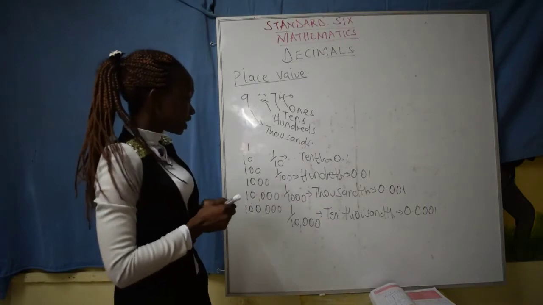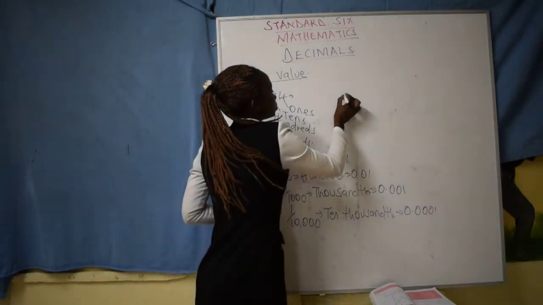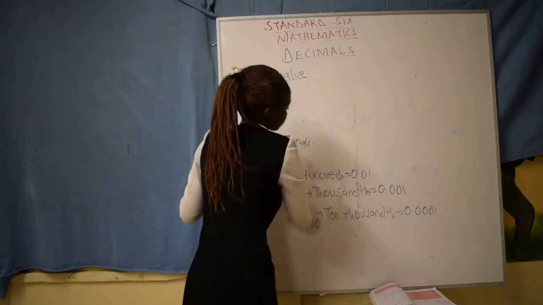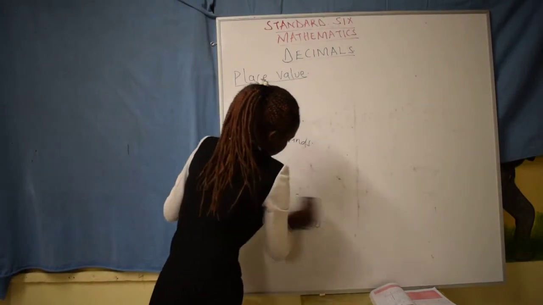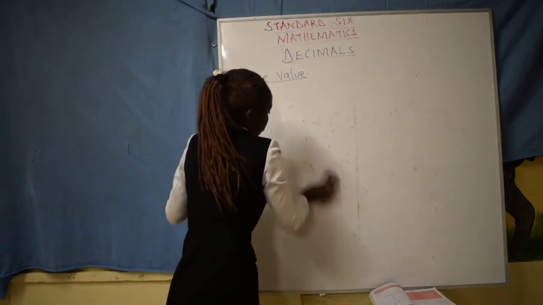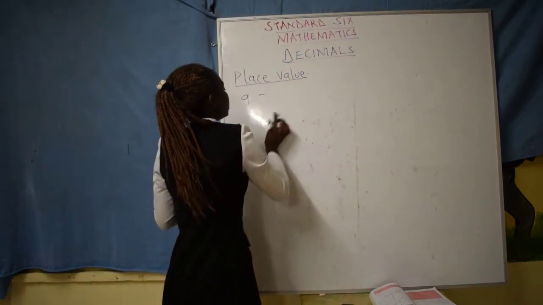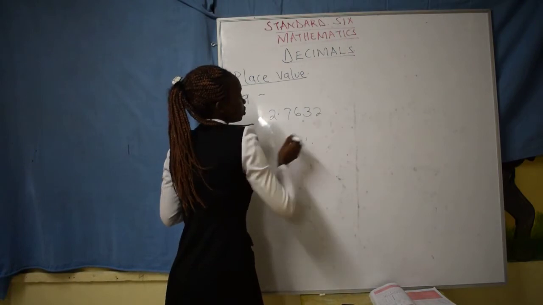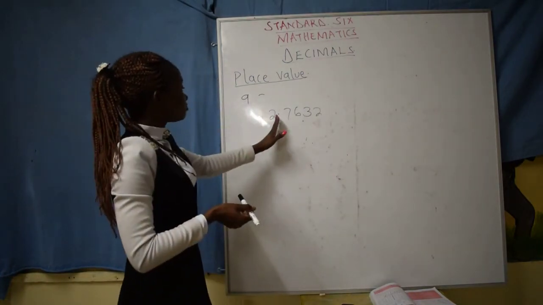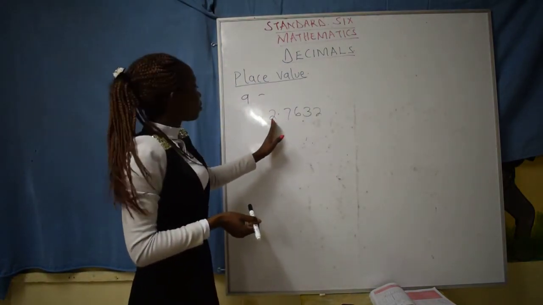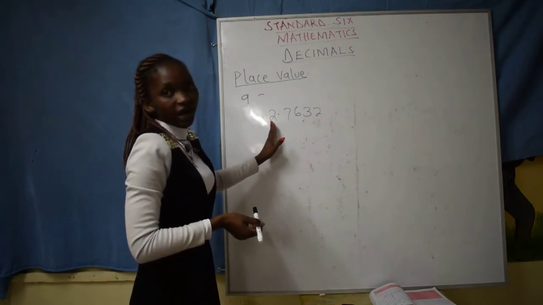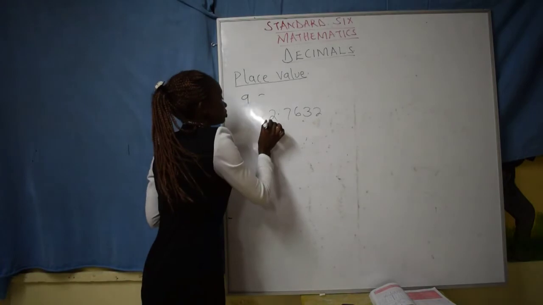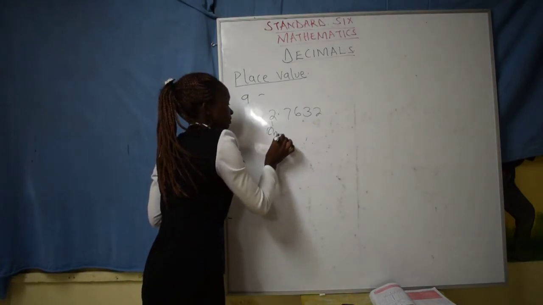For example, if you are given a number 2.7632, before the decimal point we have 1 digit, and this digit on the left side has a place value of ones.